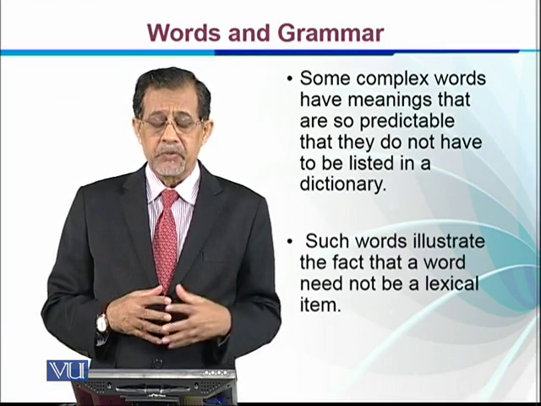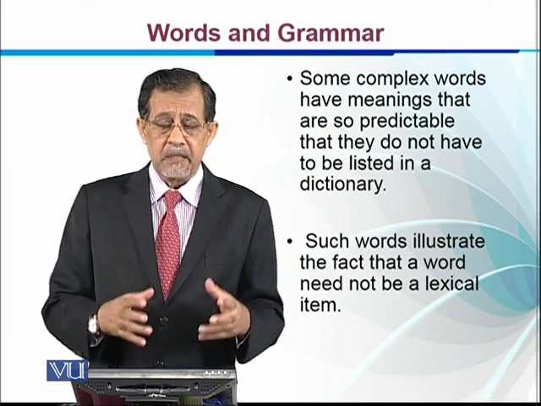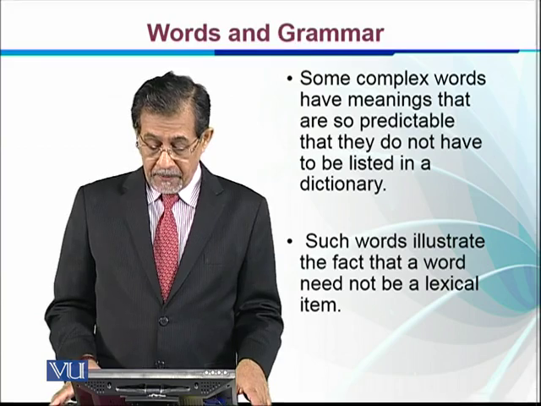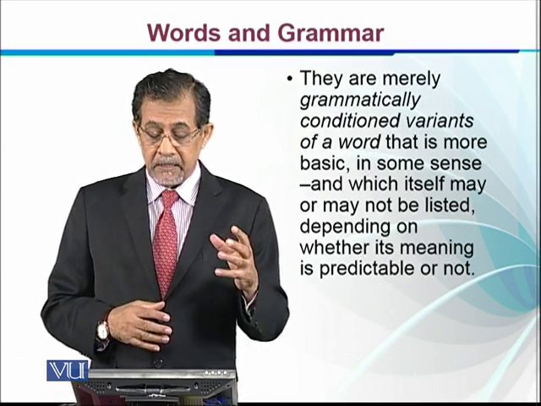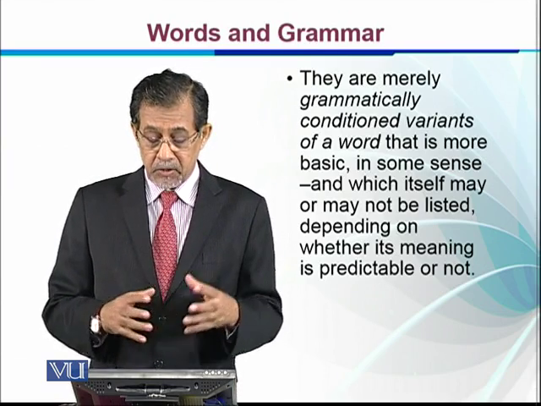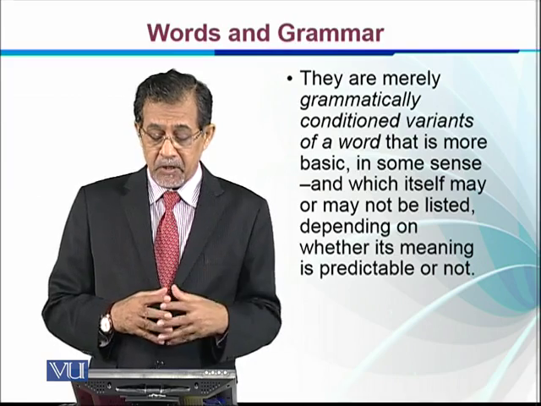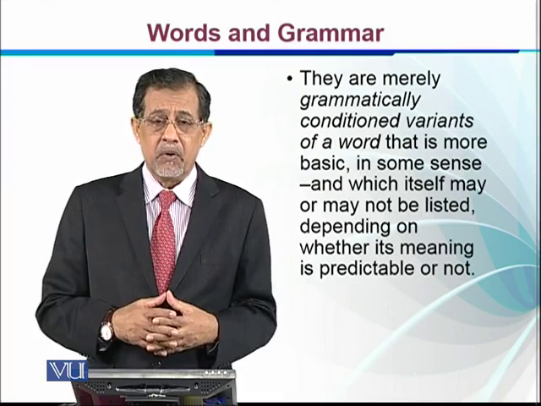Such words illustrate the fact that a word need not be a lexical item. They are merely grammatically conditioned variants of a word that is more basic in some sense, and which itself may or may not be listed depending on whether its meaning is predictable or not.